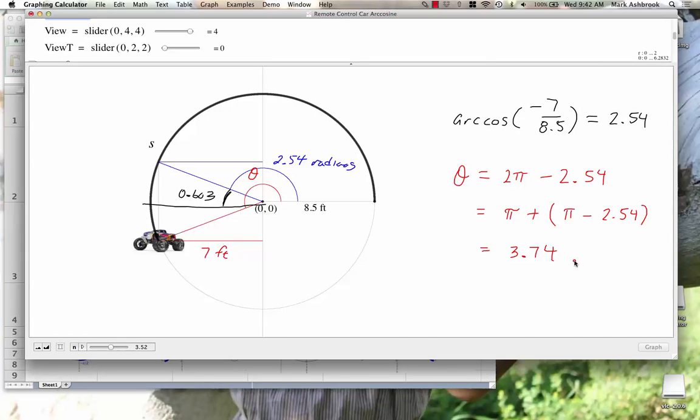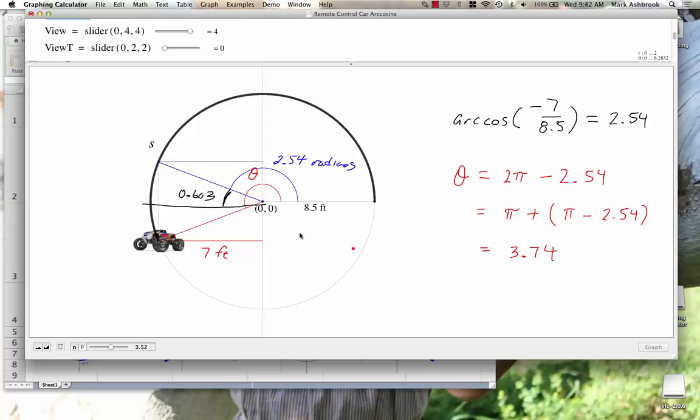Is this making sense? Anybody have a question? Can't you just get your inverse cosine? I got 0.603 right away. Because you did positive. Yeah. And then you just add that to your pi. Why does it work? Because it's that angle that corresponds to the opposite.